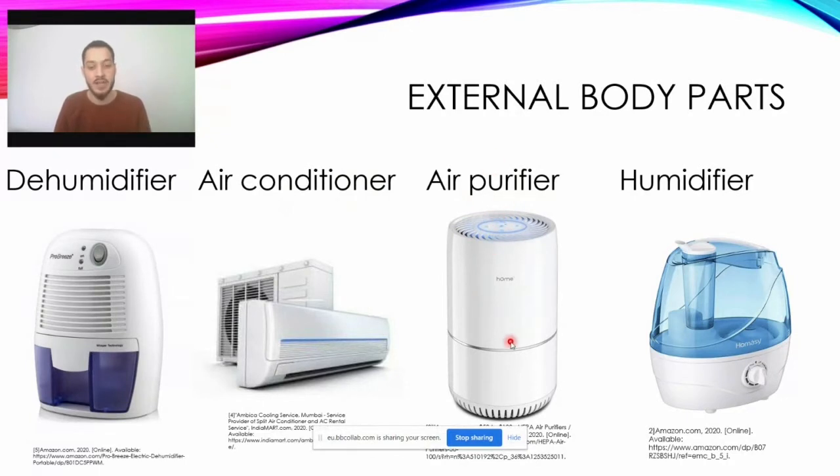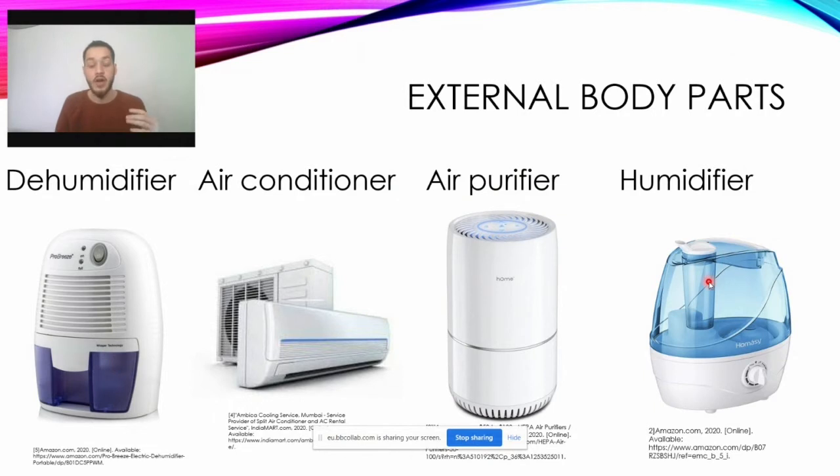This device specifically is used for people with allergies and people who want to make their home a cleaner environment. It can also work against smoke. So basically, if there's somebody who smokes and wants to get rid of the smoke, they can use this device to make it go away.